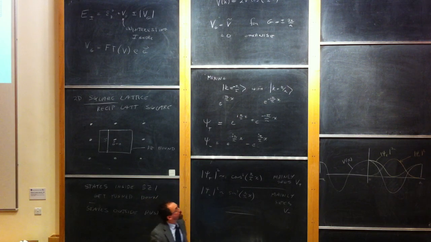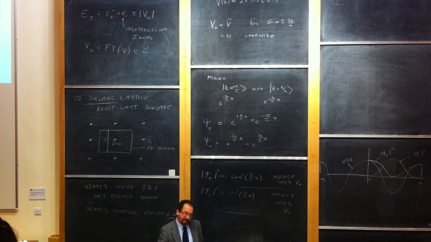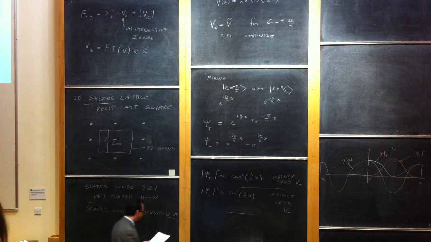You can see that in this 1-dimensional picture in the extended zone scheme, with the states close to the Brillouin zone boundary but inside the first Brillouin zone pushed down from their free value, whereas the states outside the Brillouin zone boundary get pushed up from their free electron value.